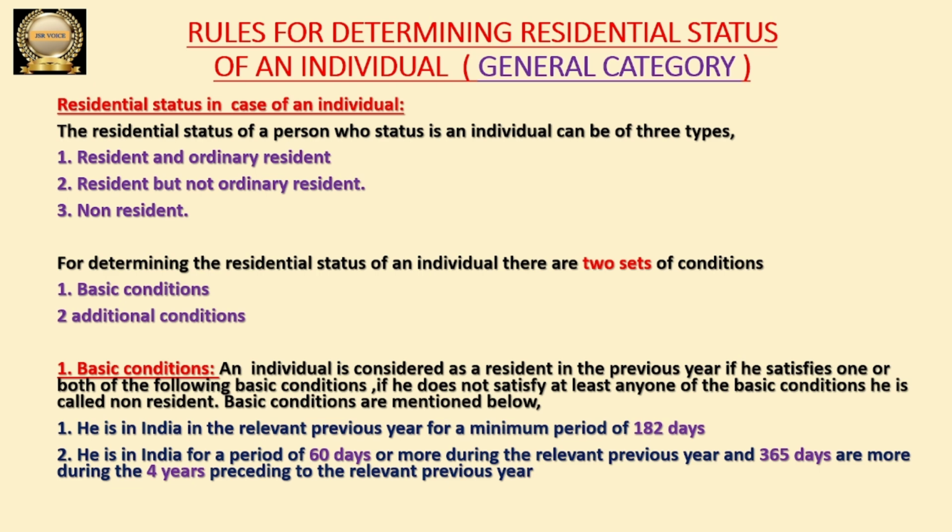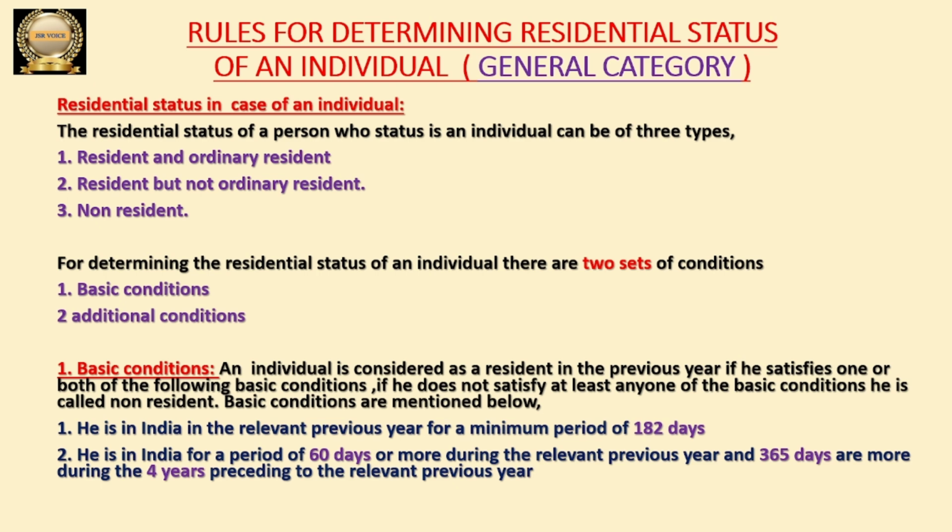If he does not satisfy even a single condition, we can call him a non-resident. If he is a resident, then we have to apply additional conditions also. If he is non-resident, we need not apply additional conditions. We can say that he is non-resident and we can impose tax on him. Is it clear? If any doubts, you can mention them in the comment section and I will reply.